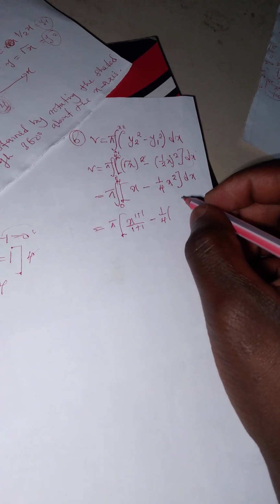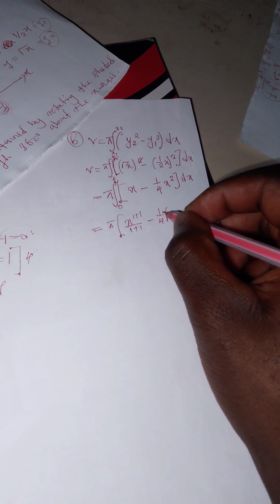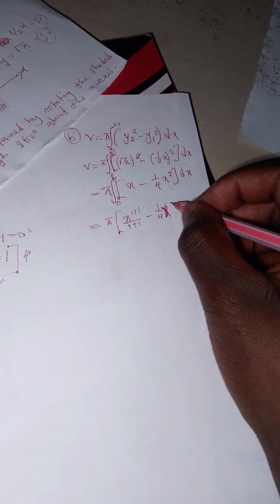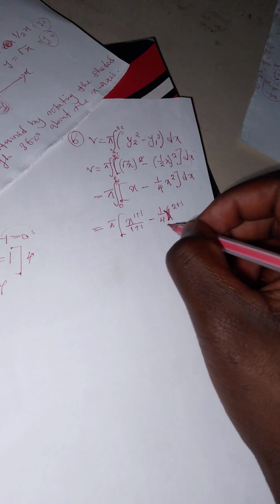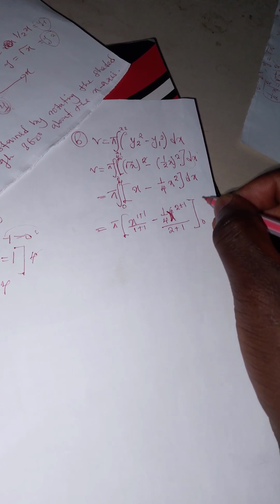Then x, to the power 2, 1 plus 1 over 2 plus 1, then the limits 0 to 4, the ones I'm integrating with respect to.